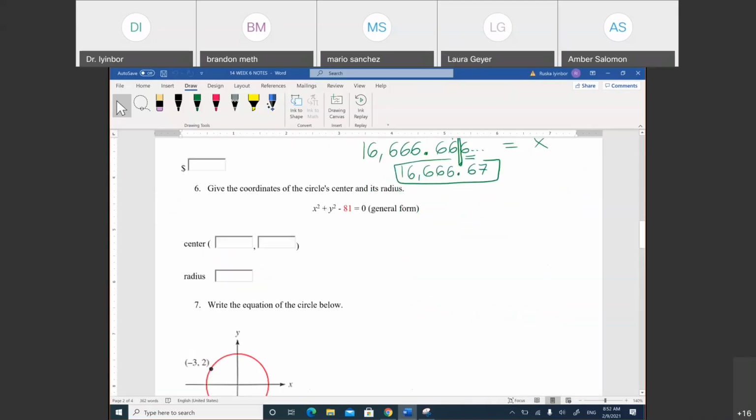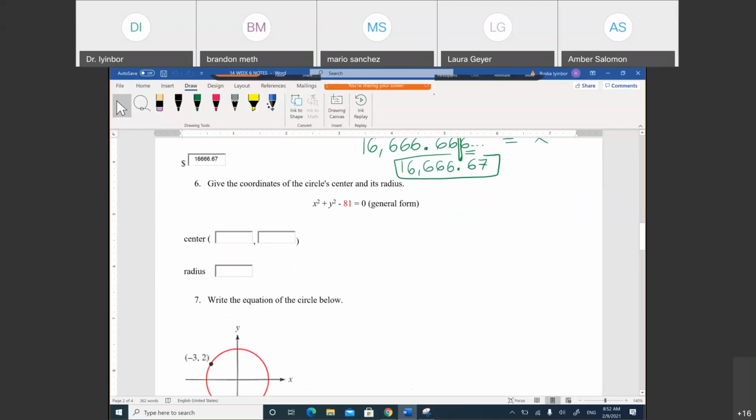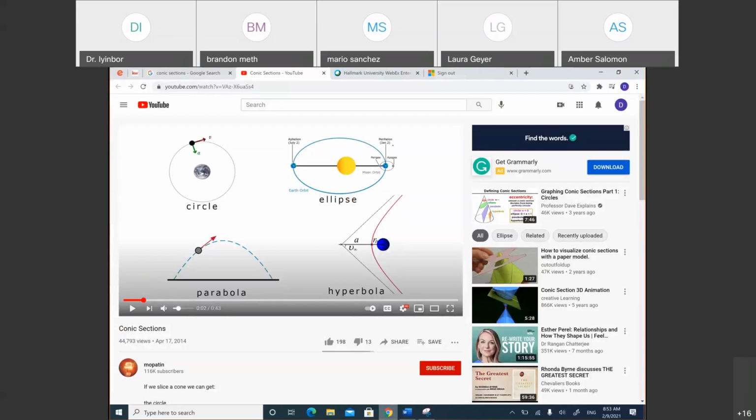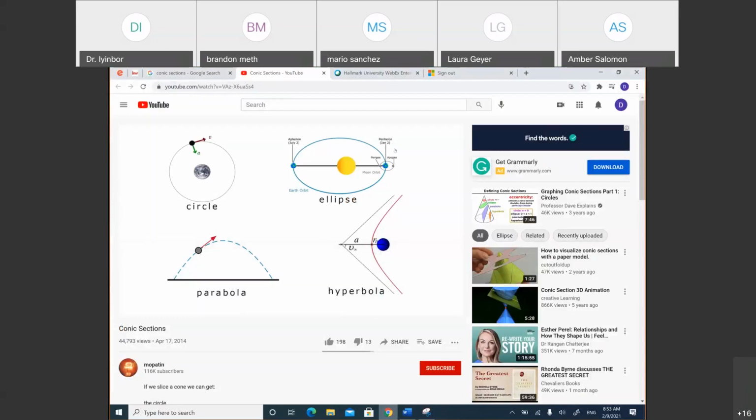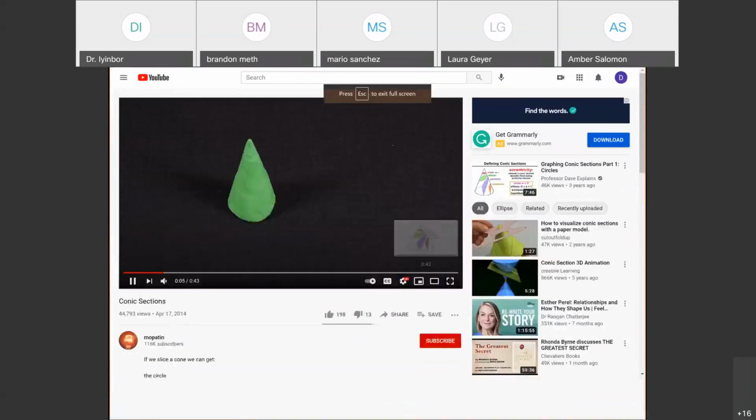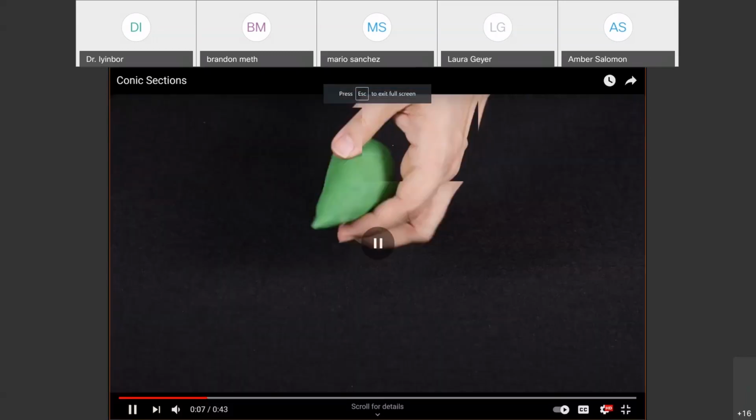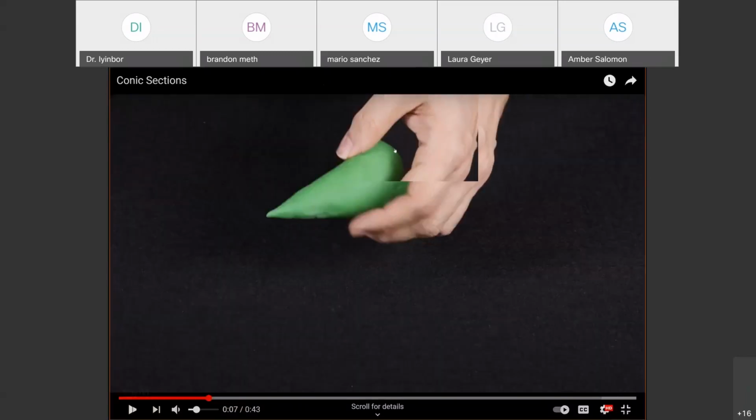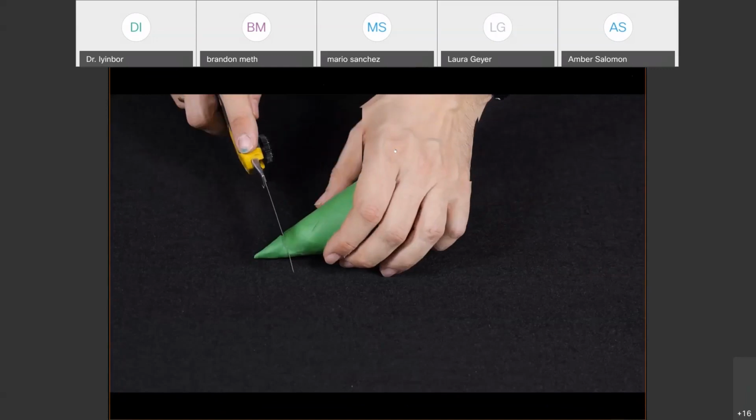So now let me explain something. What are the conic sections? Here I want to show you conic sections. The circle, the ellipse, the parabola and the hyperbola, these four are known as conic sections.